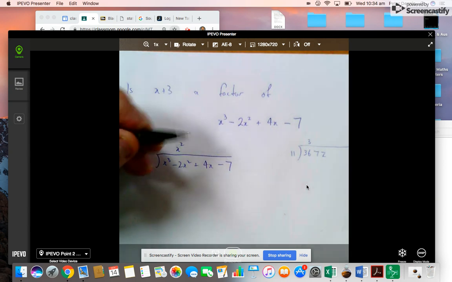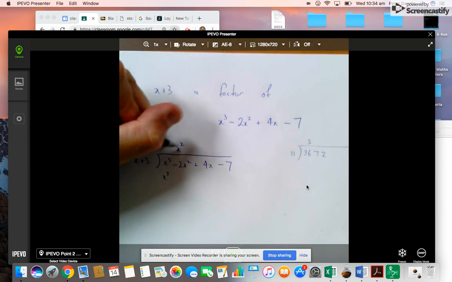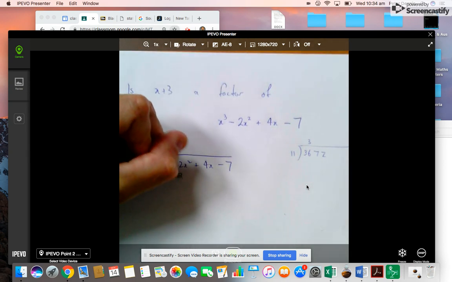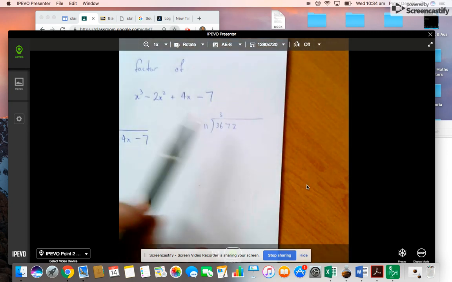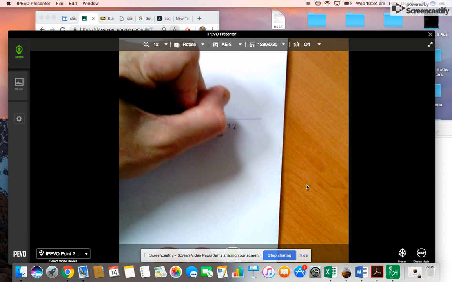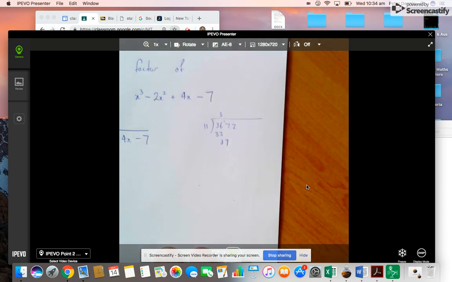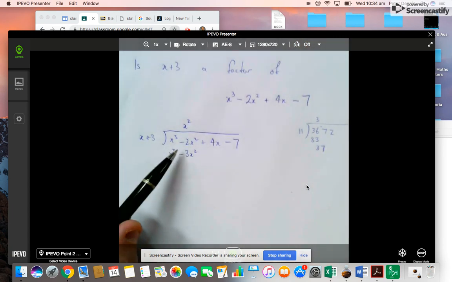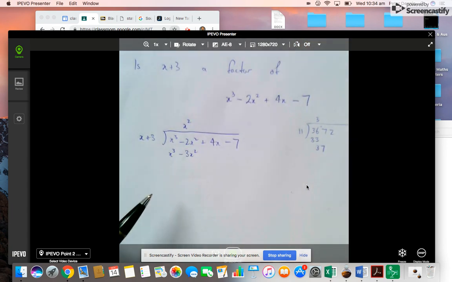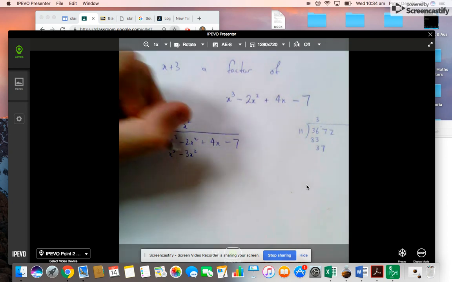x cubed plus 3x squared. Over here, 3 times 11 is 33, and so our remainder is 3, and then we bring down the next term. It's exactly what we do here. We minus these two things. Now, you've got to be a bit careful.